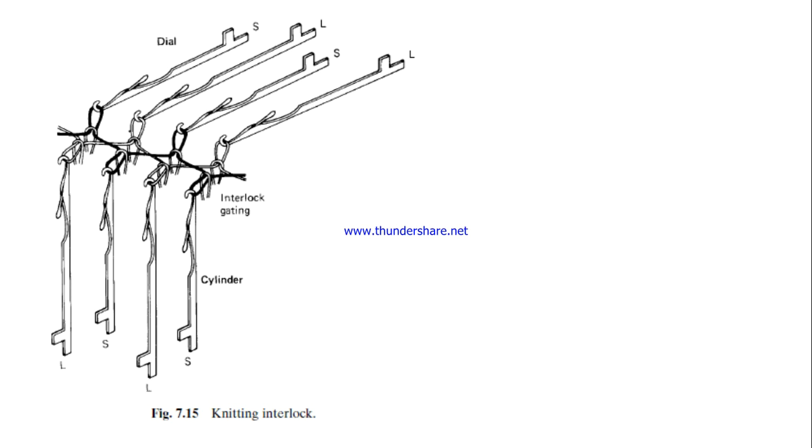This part you need to go through from the book. In any textbook, you will find the description of how the interlock structure is prepared. In fact, you need to understand this mechanism for rib knitting also. Rib knitting, interlock and purl knitting I shall discuss later on: the mechanism of fabric formation in the rib jersey machine, interlock machine and purl machine.